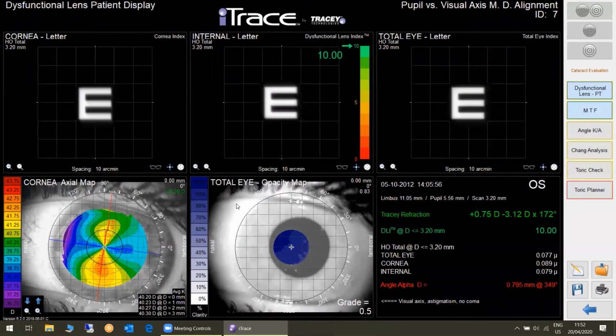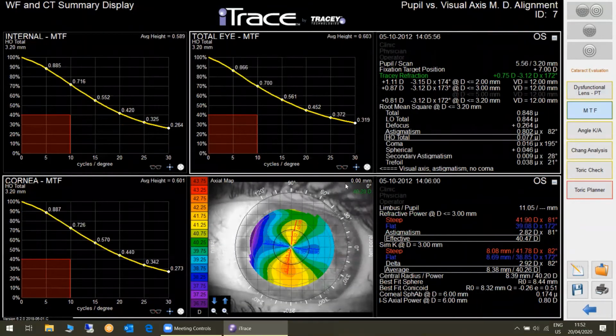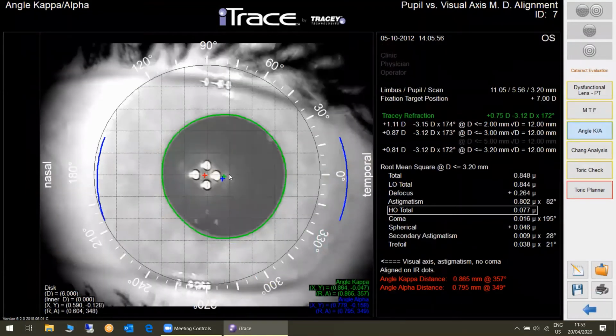You go to your MTF and you say, multifocal, no. Multifocal toric, no problem. You go to angle kappa alpha and you say, oops, no. 800 microns, this optical system is no good for a trifocal.